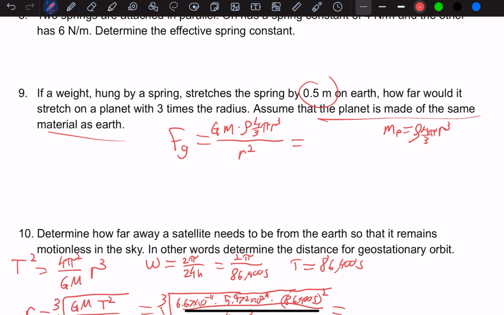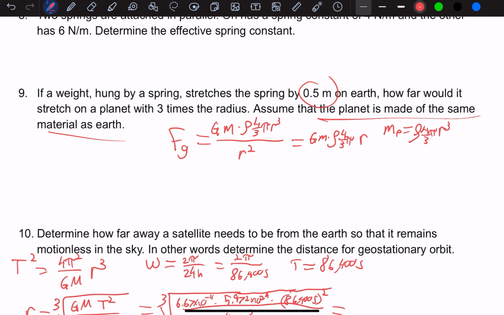And so what we get is that the force of gravity, if you let the object vary in size, is going to equal some constants, depending on their density, times r, essentially. So it scales with r. That's really important.